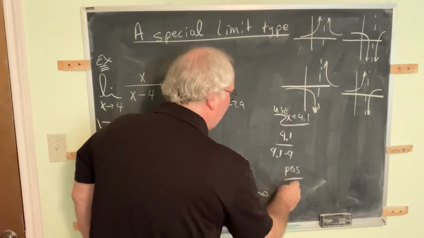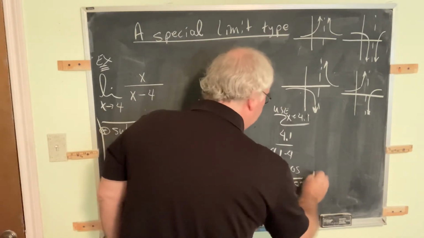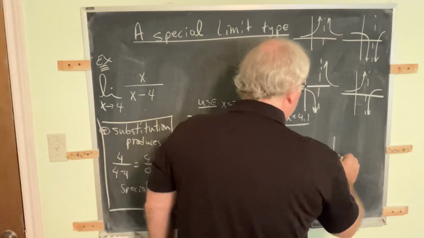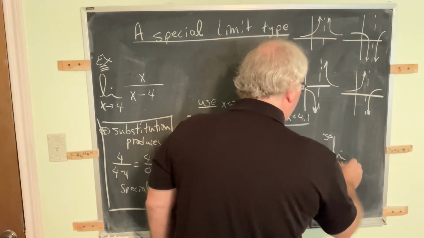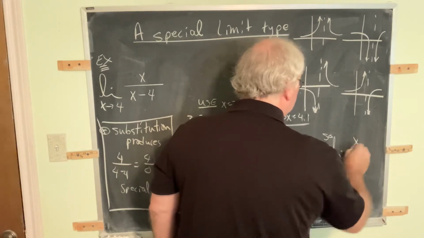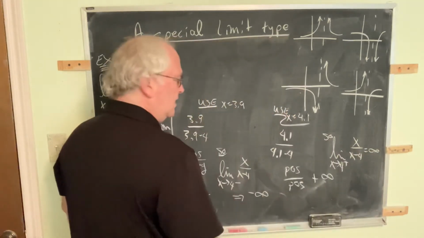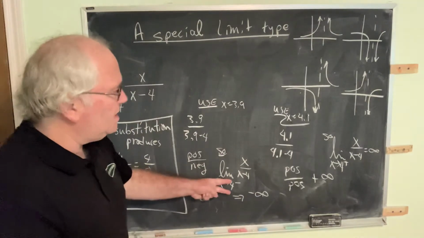Positive divided by positive is positive infinity. So the limit as x approaches 4 from the right goes to positive infinity. As you approach from the left, it goes to negative infinity.